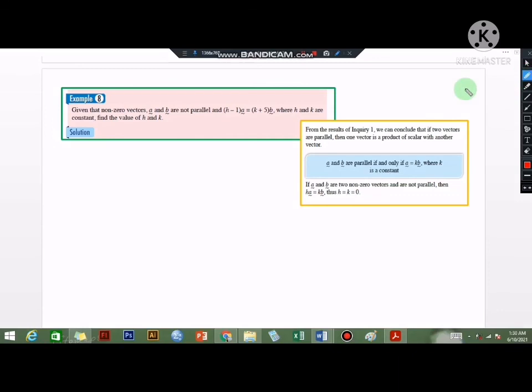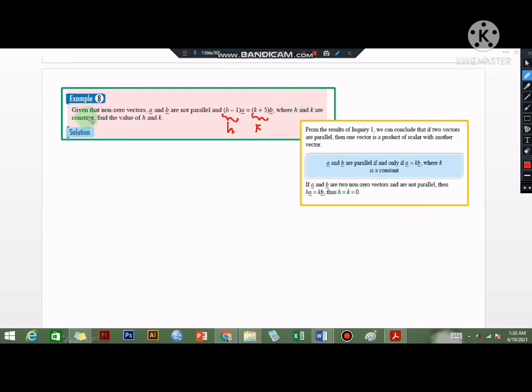So from here, look at this one. This whole part represents H, and this one represents K. If not parallel, then the value of H and K is equal to 0.